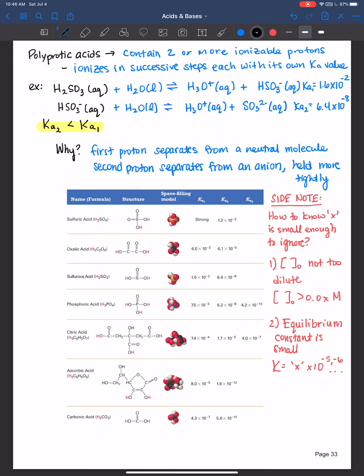But basically, the take-home message here, so you can quickly check to see if you can ignore x or not, is that the initial concentration should be 10 to the second to 10 to the third times greater. And this is for both concentrations. If you have two reactants with two initial concentrations, you want to check it for both.